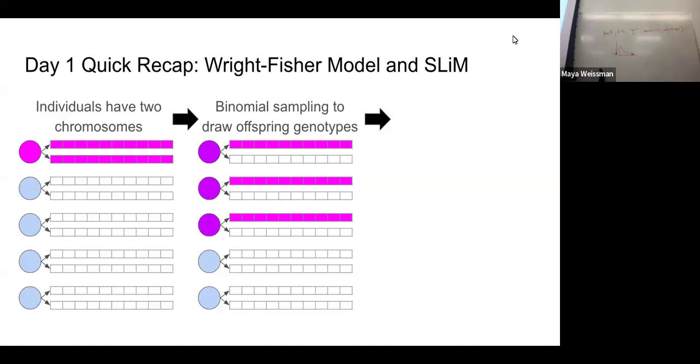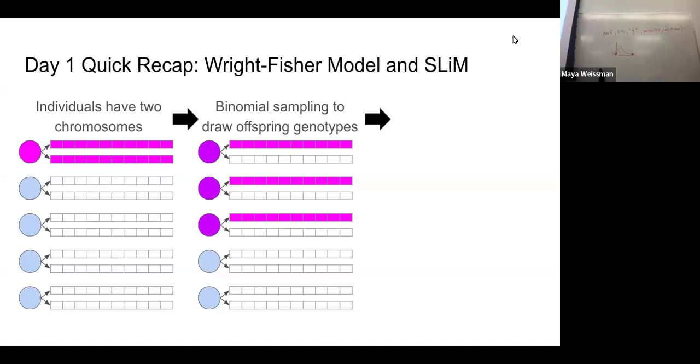So let's say having a purple chromosome makes you have a way higher fitness than having a white chromosome. That means that when this individual is choosing one of its parents' chromosomes, it's going to pick this one with a probability of 1, 2, 3, 4, 5.